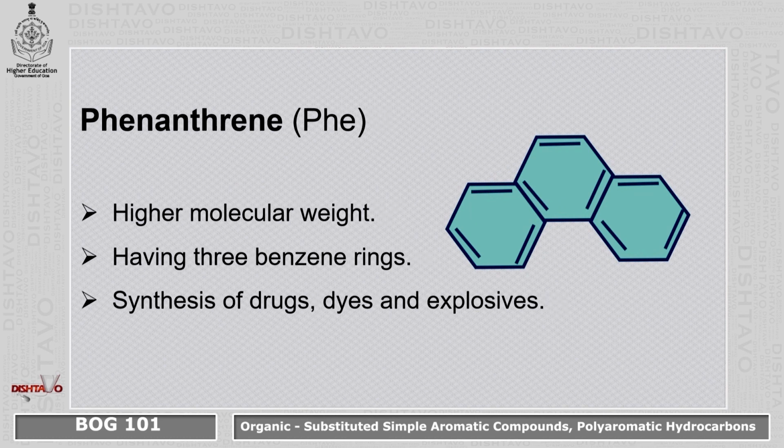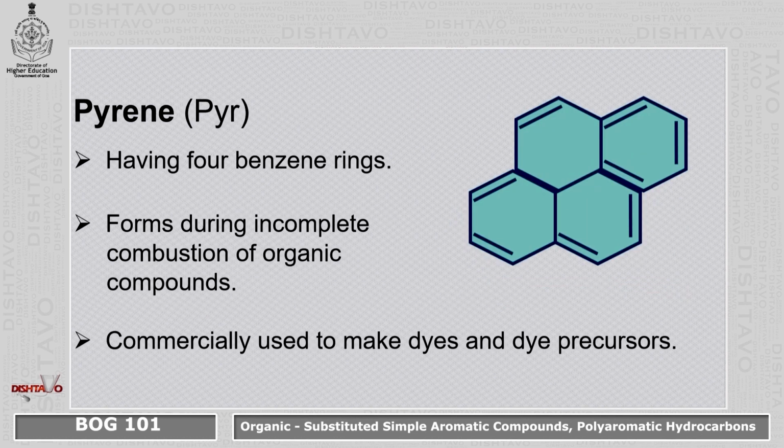Then we have phenanthrene. As you see in the picture, it has 3 benzene rings. It has a high molecular weight compared to the other compounds that you saw. And it's used in the synthesis of drugs, dyes, and explosives. We have pyrene, having 4 benzene rings, and it forms during incomplete combustion of organic compounds.